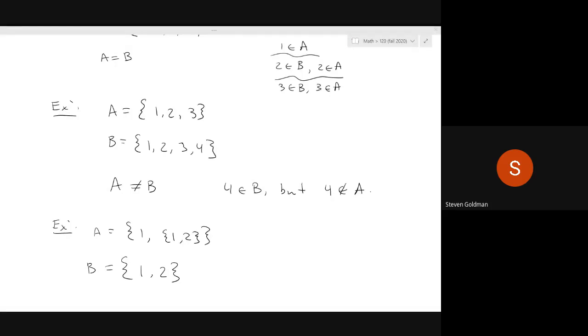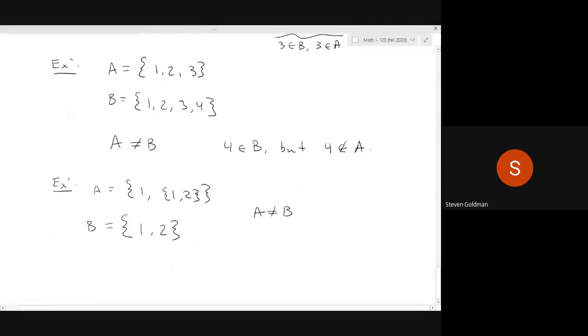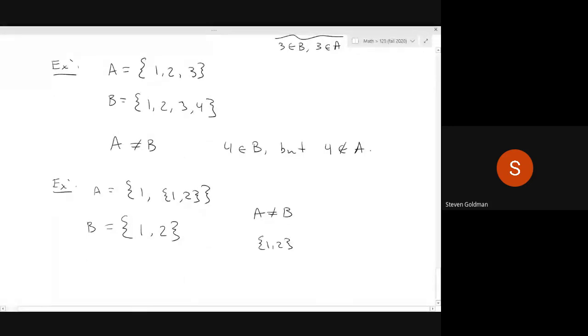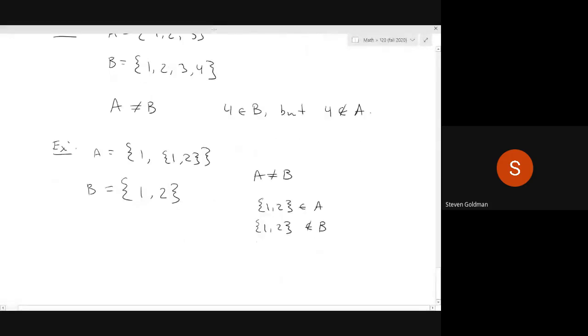They're not equal. A does not equal B. Why not? Well, first of all, there's an element in A that's not in B. This set here, the set {1, 2}, is an element in A, but it's not an element in B. And also there's an element in B that's not in A, right? 2 is in B, but 2 is not in A. So there's two reasons why these sets are not equal.